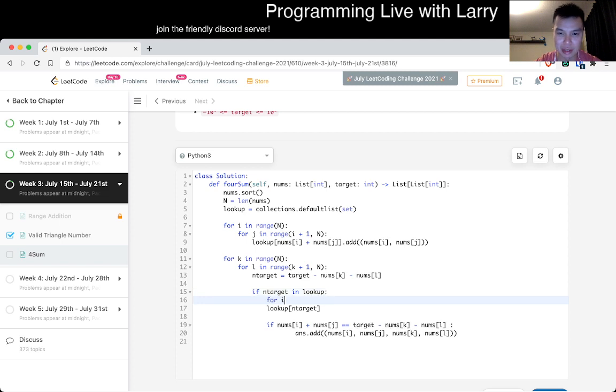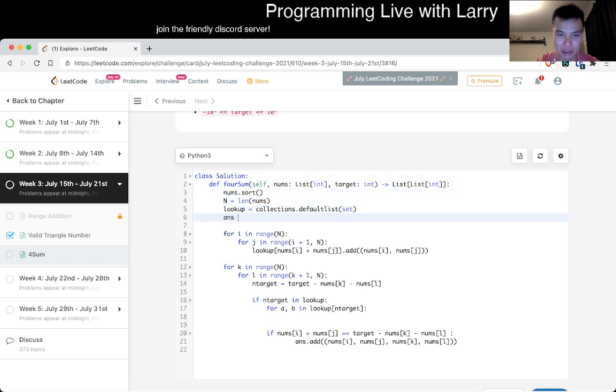For maybe x, y or maybe a, b in lookup of next target, we can do, oh yeah, let's have that answer set still, so answer dot add.